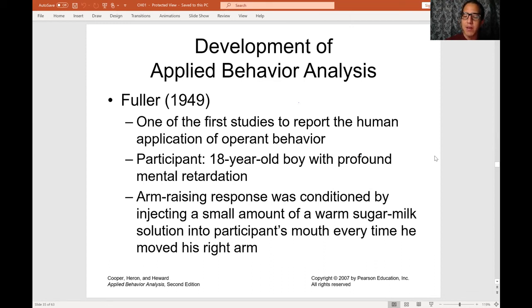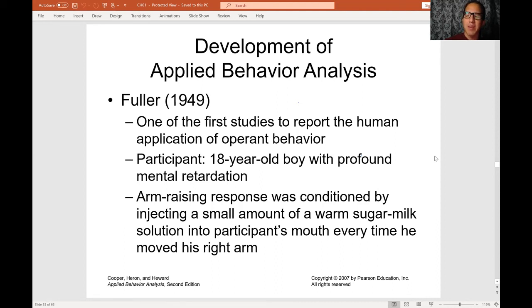And he had a very limited period of time to do this. And the physicians all agreed that if he had more time, he could have taught this boy to do a lot more.